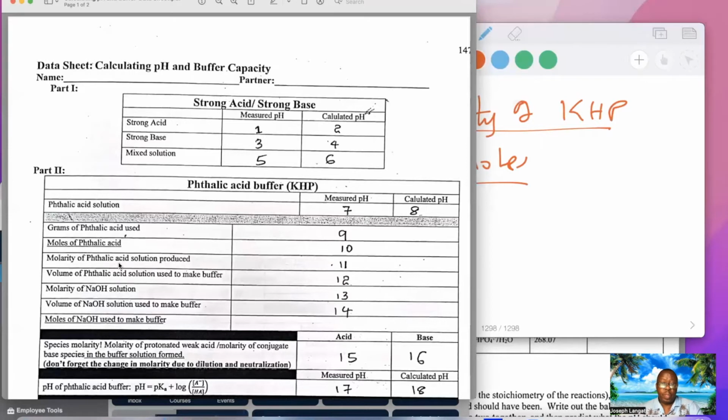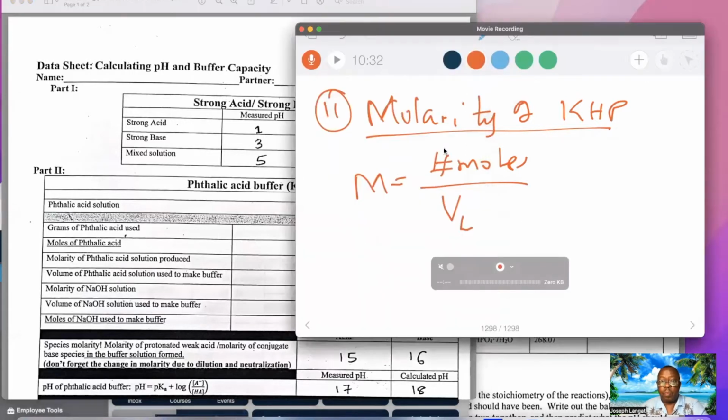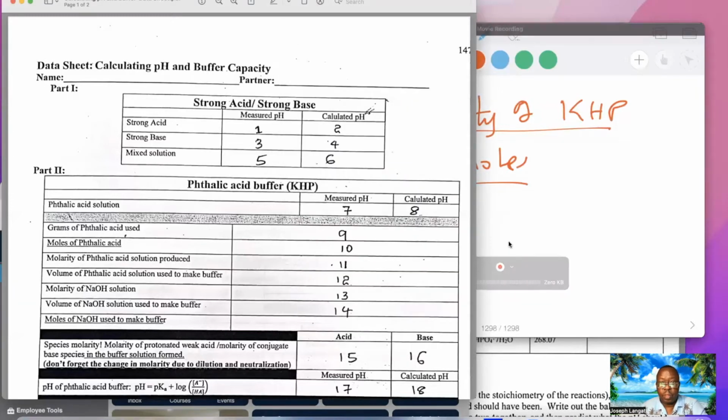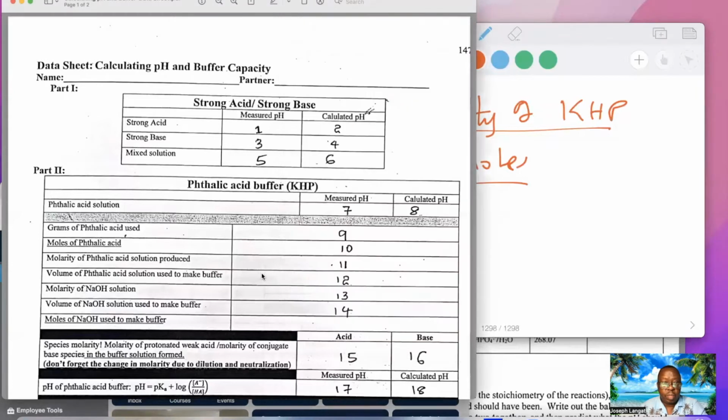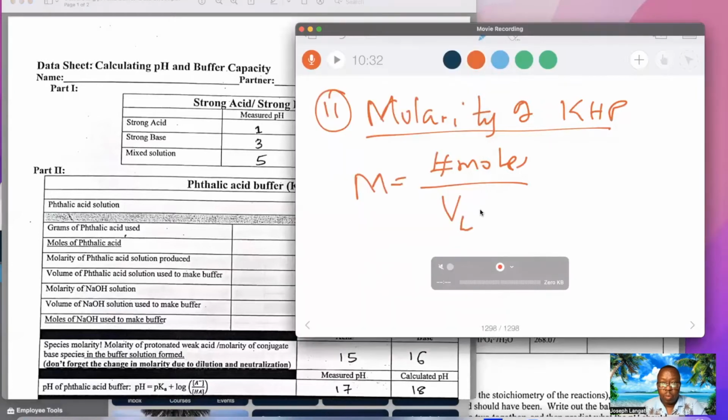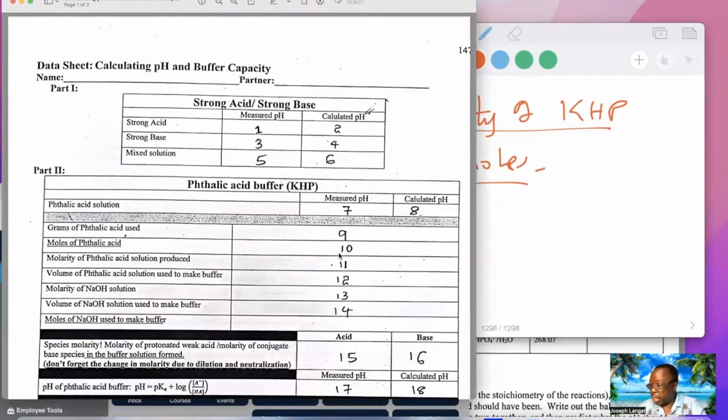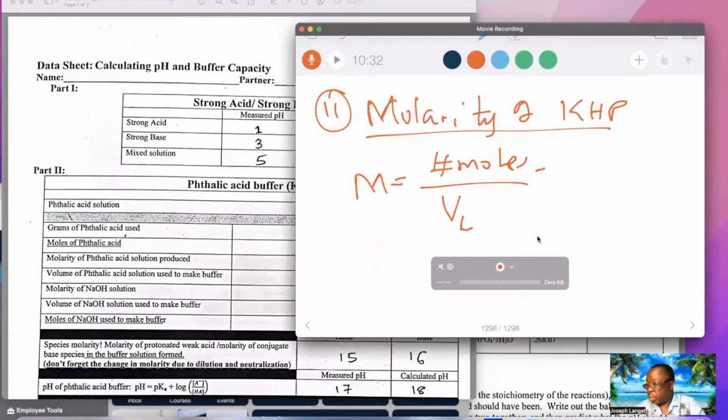So if we know the number of moles from number 10, we plug it into this equation to get number 11. For molarity, we need to know the number of moles. This is from line 10.